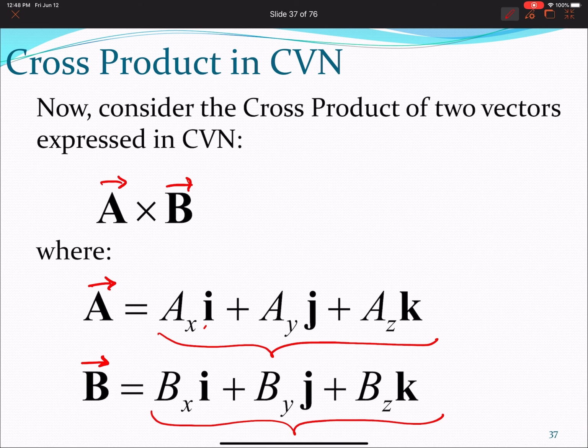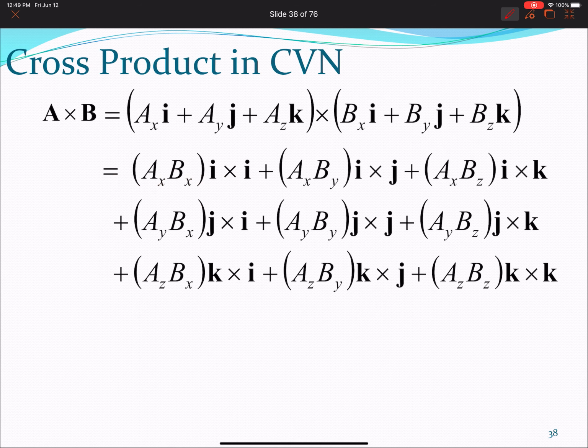If we remember the distributive law works, so if we apply the distributive law, one vector cross the other, it's just a matter of getting all these products. The first product is the component A in X times the component B in X, these two are scalars, and then we have I hat cross I hat.